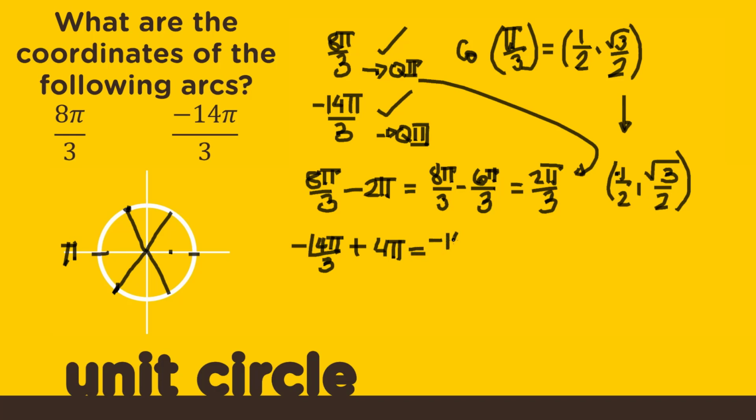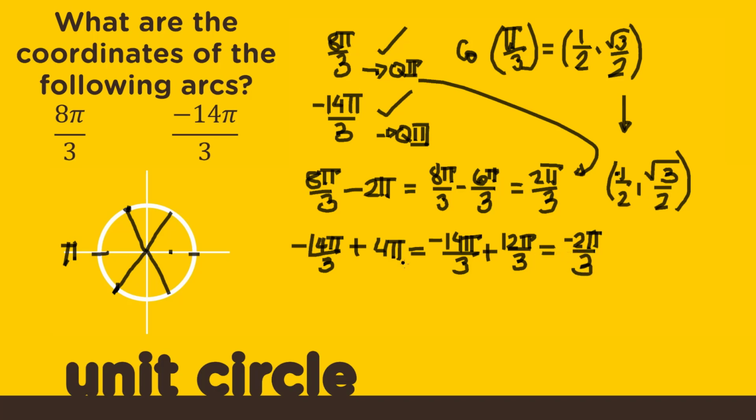So that's negative 14 pi over 3, plus 12 pi over 3. So that's negative 14 plus 12, which is negative 2 pi over 3.